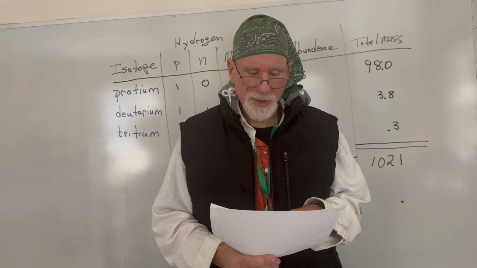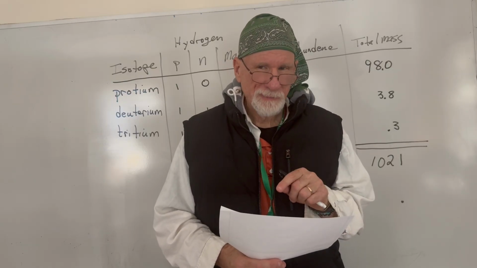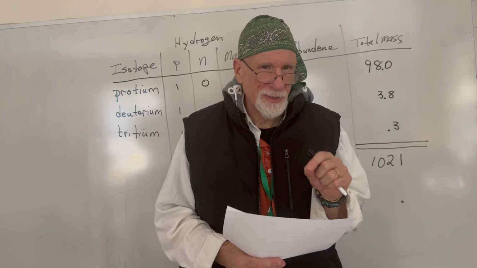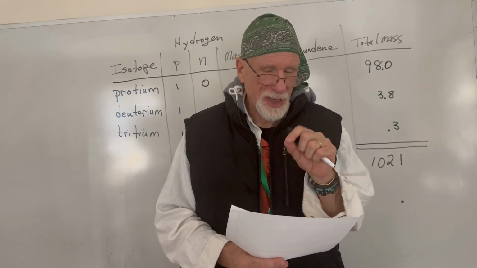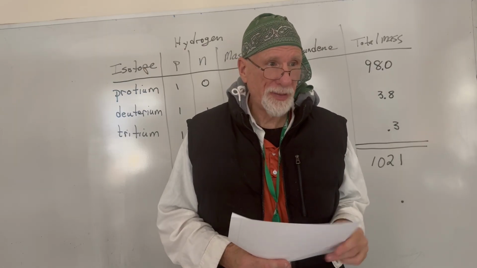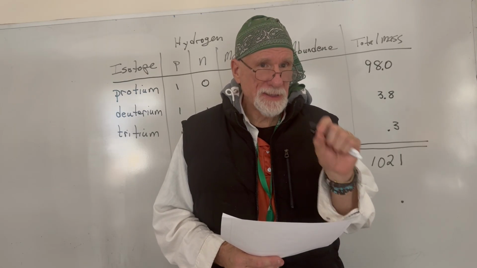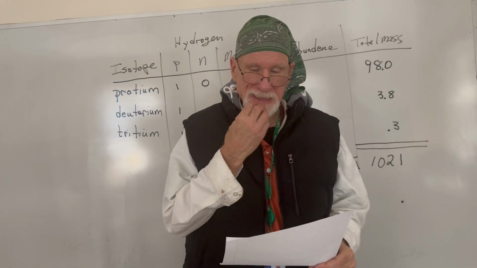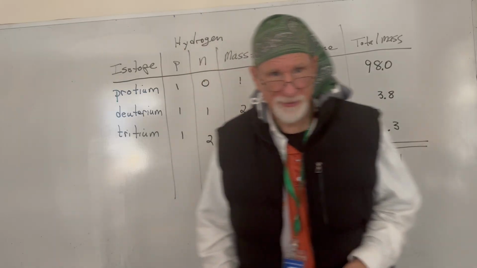Because the ones that are in parentheses, it's hard to calculate the isotopes. They're not around very much, and not for a very long period of time, so it's difficult to come up with the atomic mass as we just did for hydrogen.